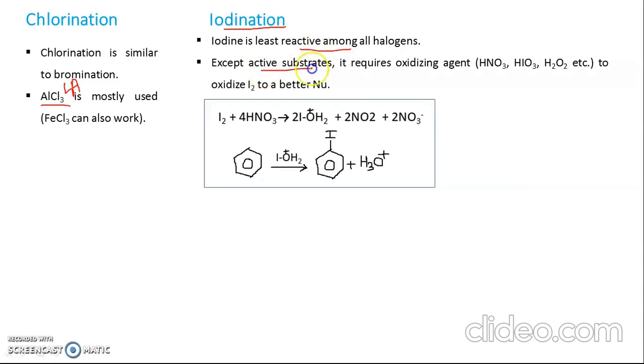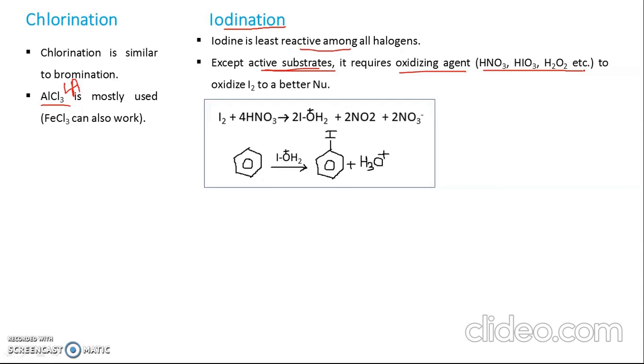So except for active substrate, suppose your substrate is not active, simple benzene ring or any electron withdrawing group substituted ring, in that case you have to use some oxidizing agent. All these examples are there. You can use HNO3, HIO3, H2O2 as oxidizing agent.